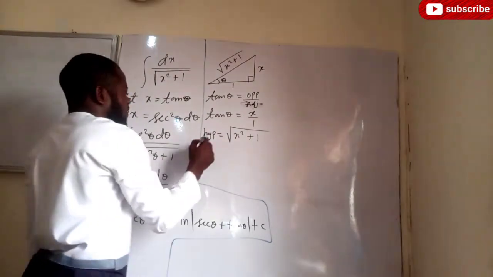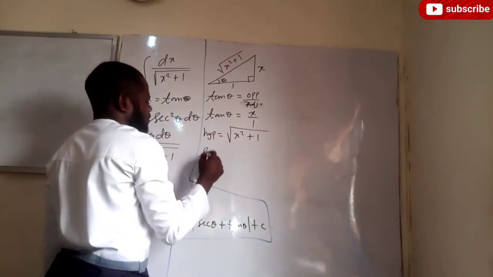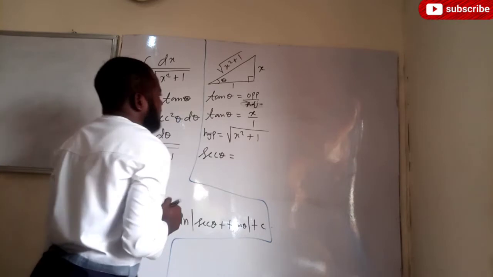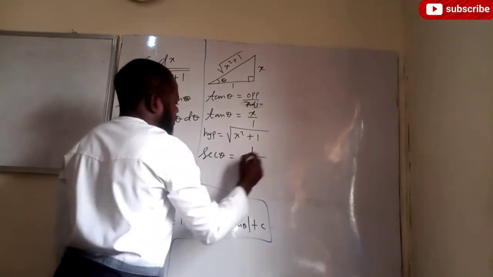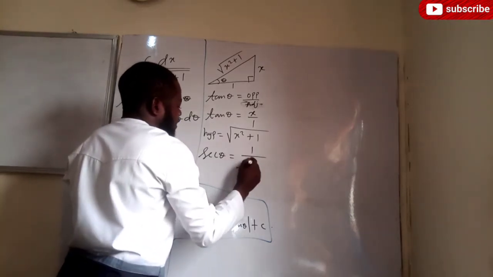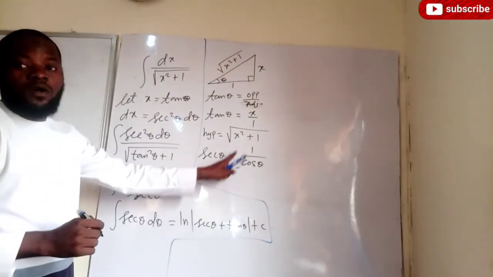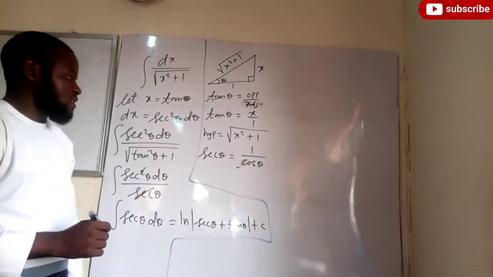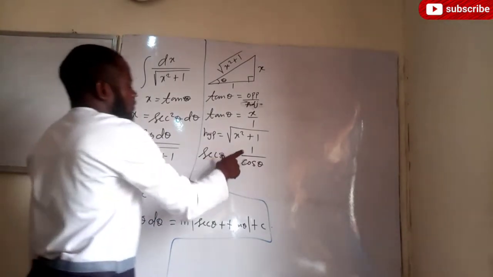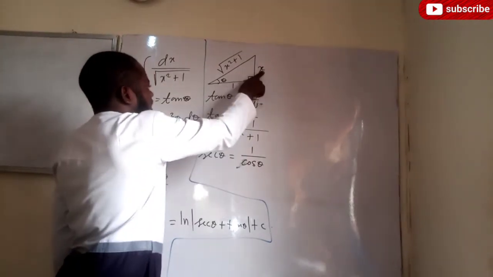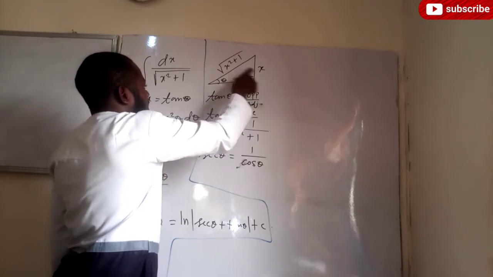So we can then find the value for sec theta. Sec theta is equivalent to 1 over cos theta, and cos theta is adjacent over hypotenuse.